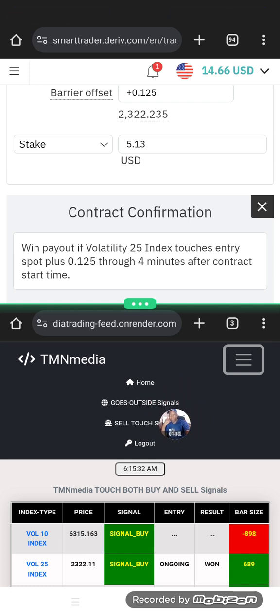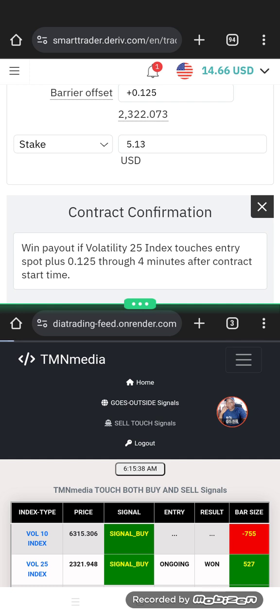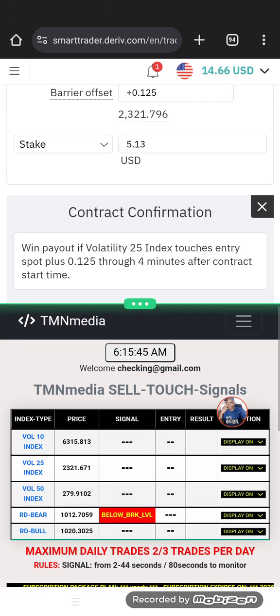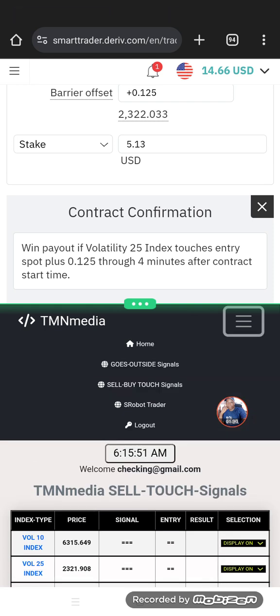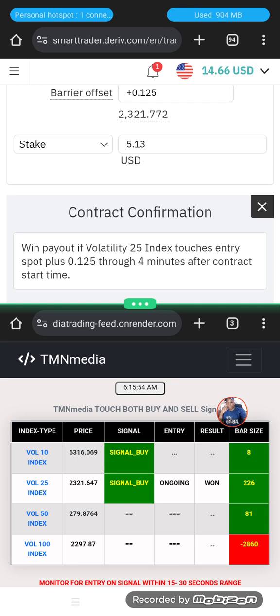You have sell touch, that is only sell. This signal gives only sell. Sell touch is for only sell signals.